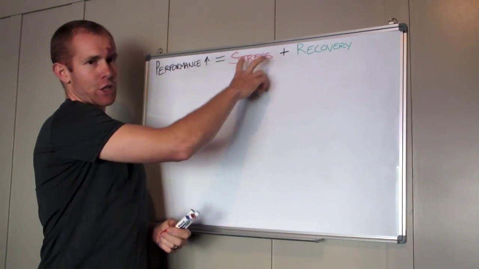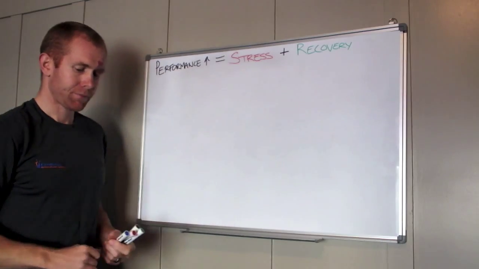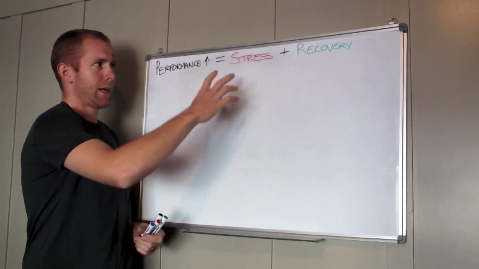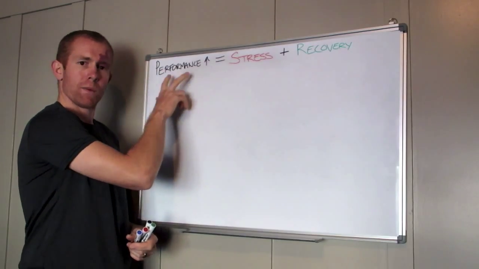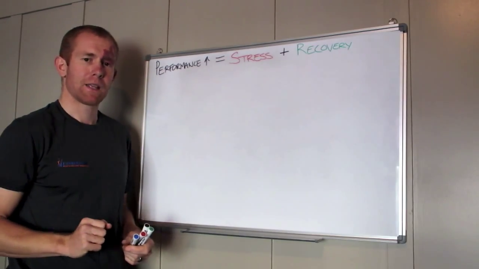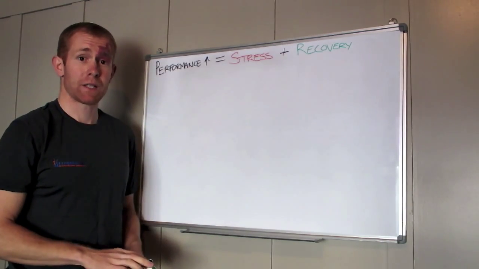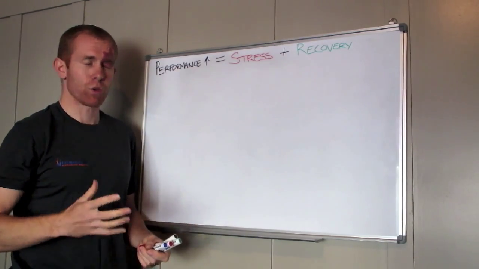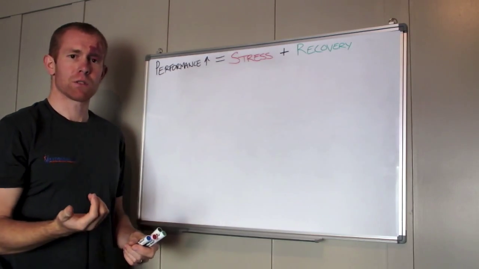And those adaptations can only occur during the recovery phase. And if you allow appropriate stress plus appropriate recovery, your performance will improve. If you don't allow the appropriate stress, so you don't train properly, you train too easy, or you train too hard, then you won't get the desired results.